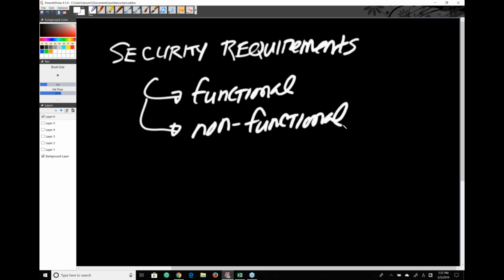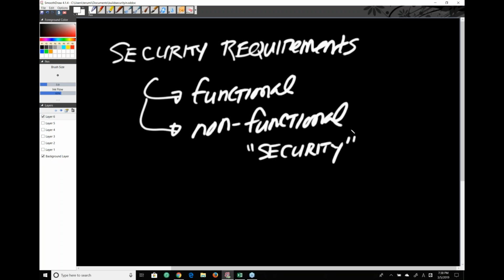Functional requirement is what the system must do, right? Non-functional requirement is what the system must be like. So non-functional requirement is usually a system-wide requirement, something like quality, performance. And security is usually in this non-functional requirement.